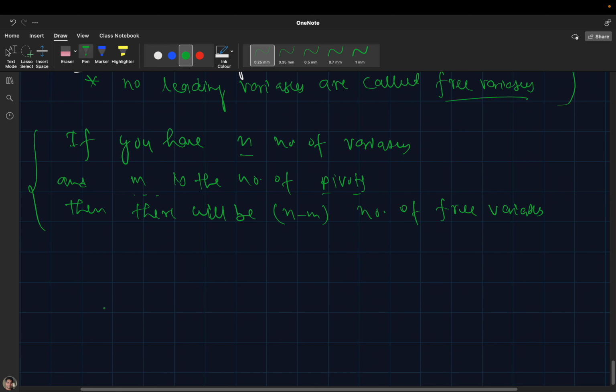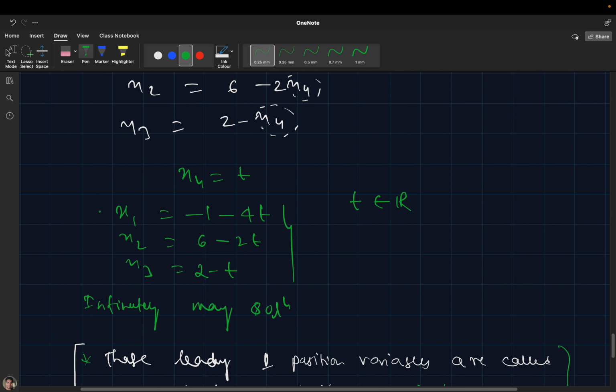So these three variables will actually lead, and here t is a dummy variable, or you can say free variable, which means that you can put any real number at this position. That's why it has infinitely many solutions.